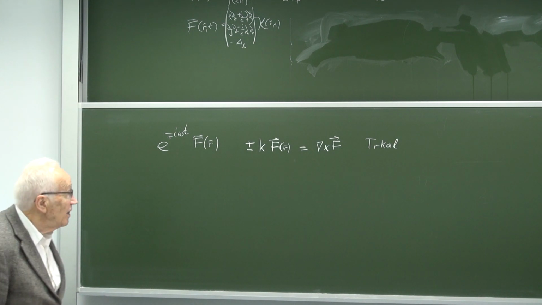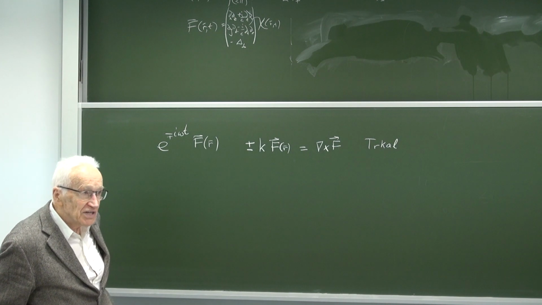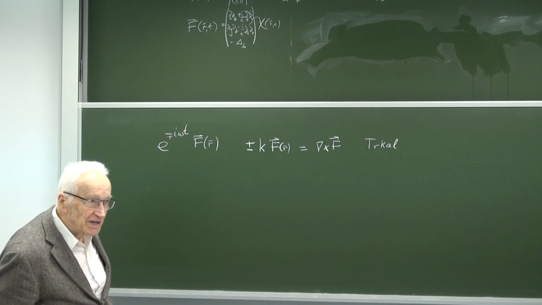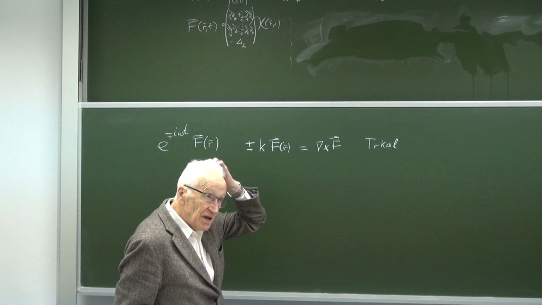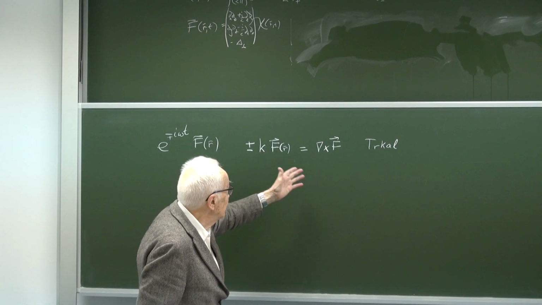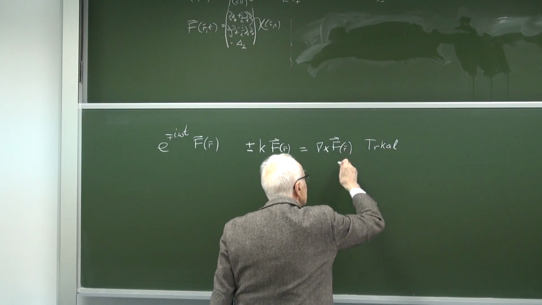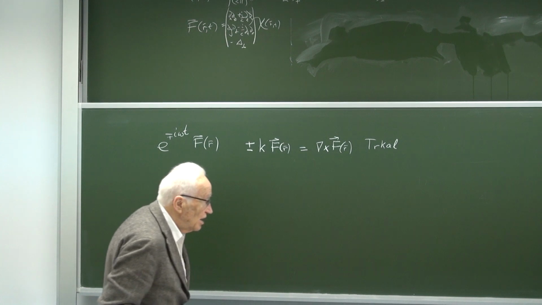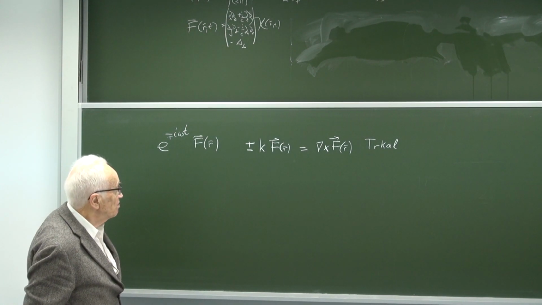So Trkal was the one who studied this equation, and that's an interesting mathematical problem. We have a set of three components of a vector, and the question is, what is the most general solution? What are the solutions of this equation? So we get the Trkal problem.